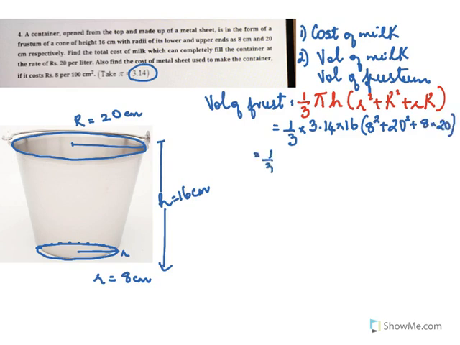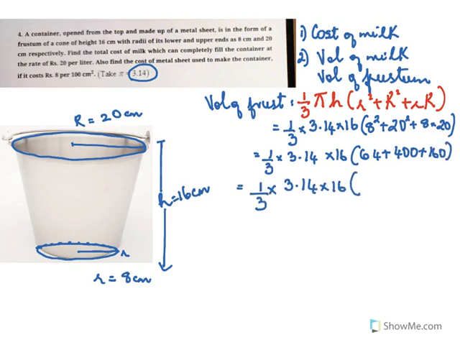This would be 64, 400, and 8 into 20 would be 160. And now when we add this up, we will get the answer as 624.